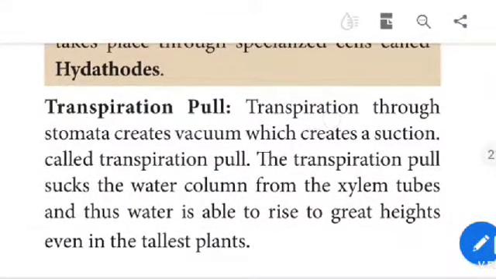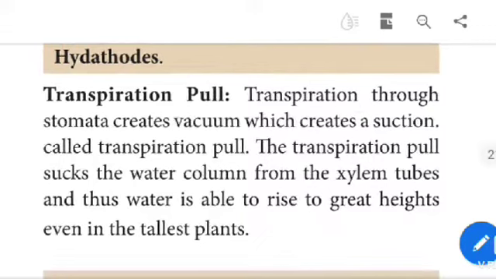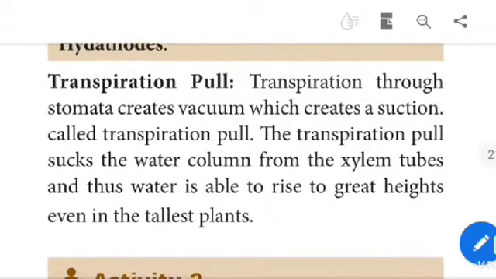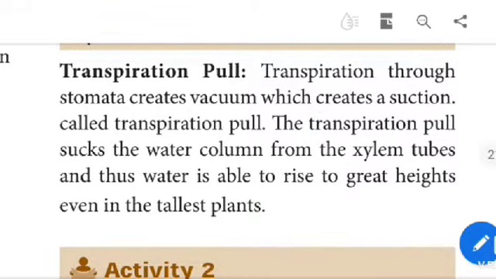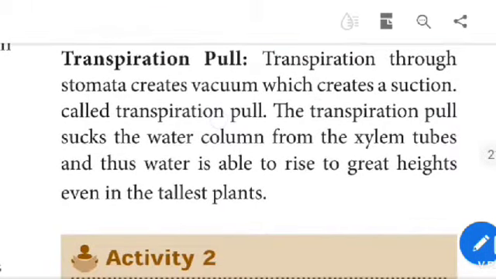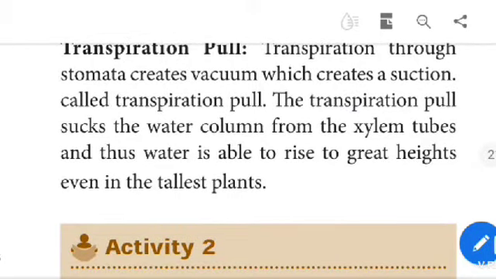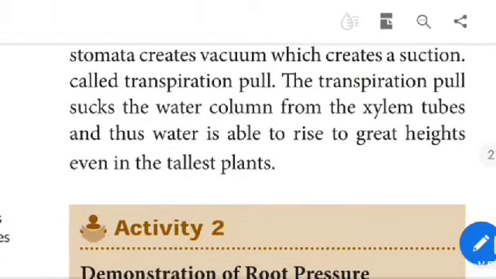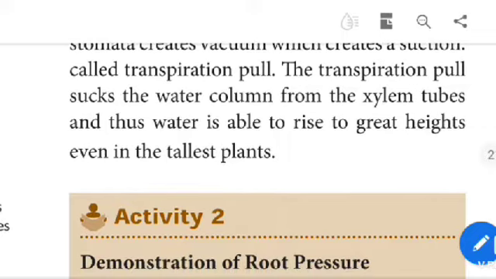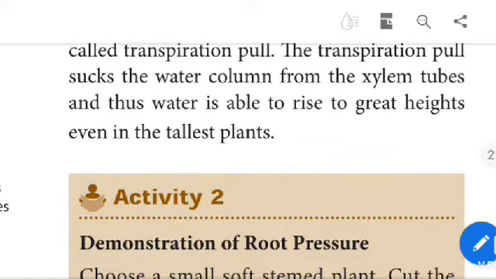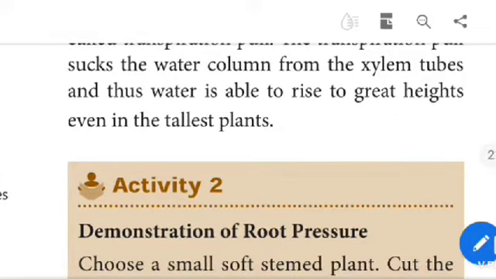Transpiration pull. Transpiration through stomata creates a vacuum which creates a suction called transpiration pull. The transpiration pull sucks the water column up the xylem tubes and thus water is able to rise to great heights, even in the tallest plants.